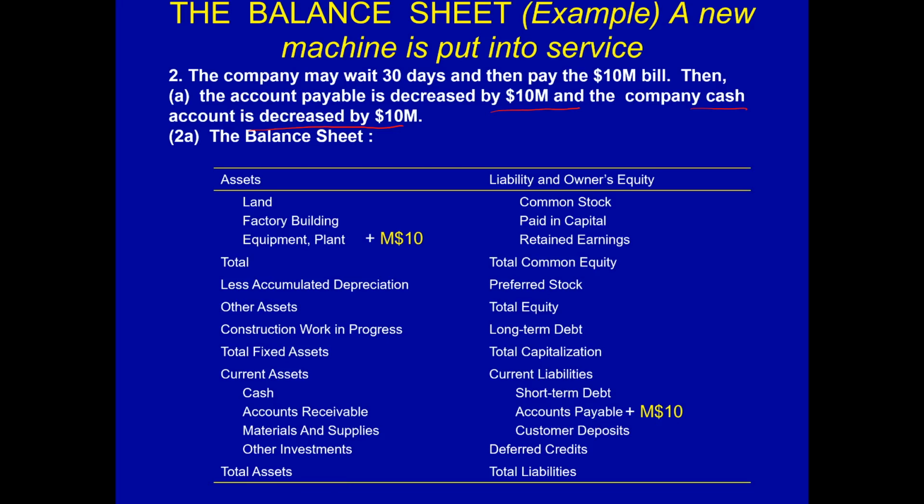Now the company will pay the accounts payable by cash. So we have minus 10 million here and minus 10 million here on the cash side. Double entry again.